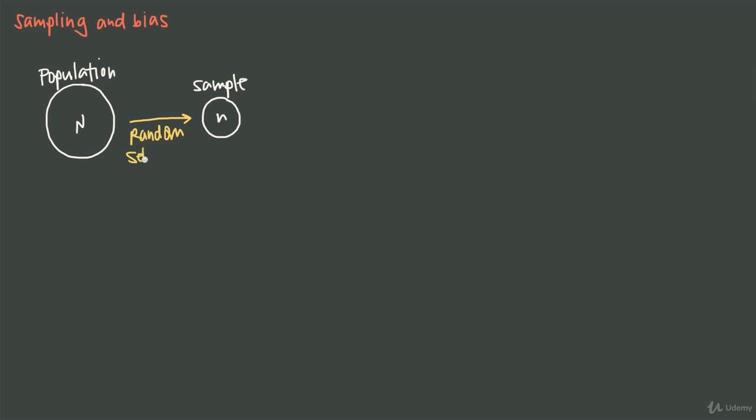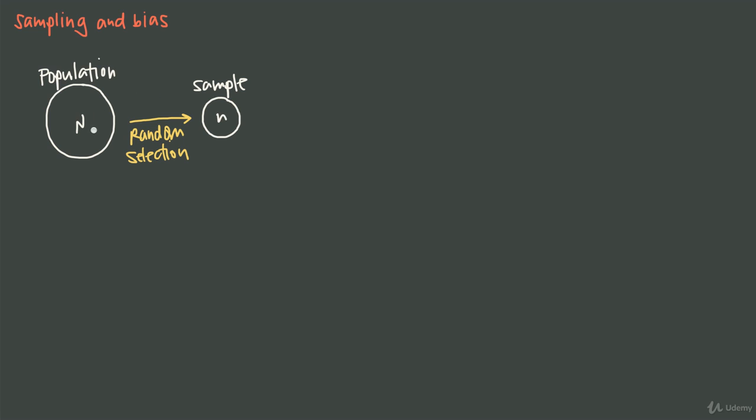So we're hoping that this is random selection. If this is perfectly random selection, then we're hoping that we eliminate bias from the sample. And the goal is to get a perfectly representative sample.